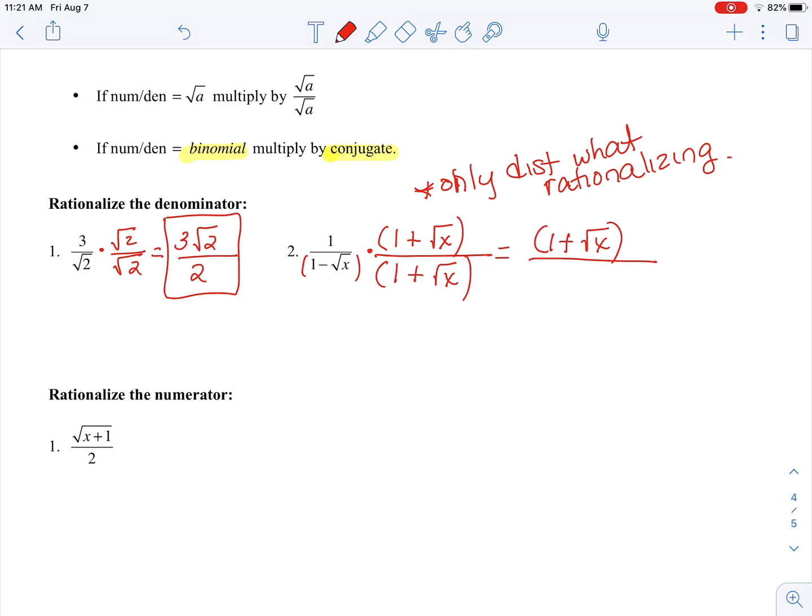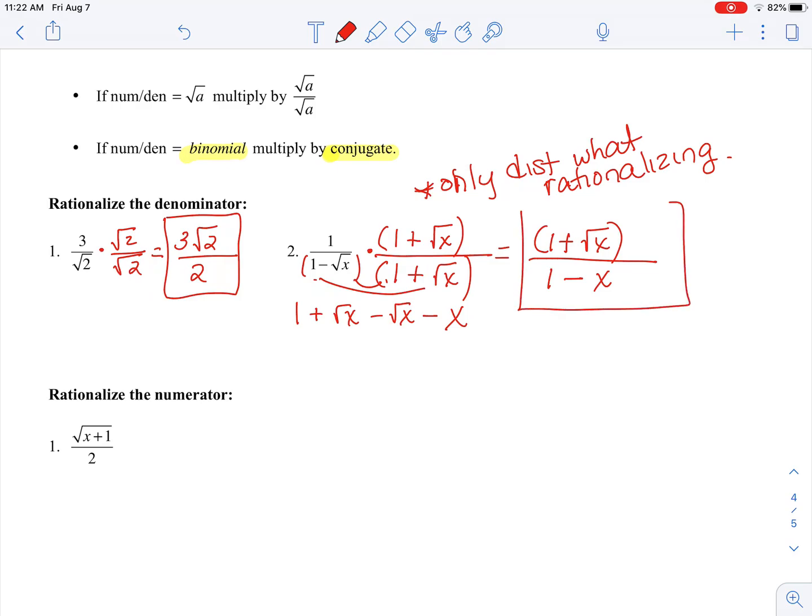And hopefully you remember from last year, when you FOIL conjugates, first times first, my outside is plus radical x, my inside is minus radical x, and then I have a minus radical x times radical x is plain old x. So in the denominator, I'm going to be left with 1 minus x.